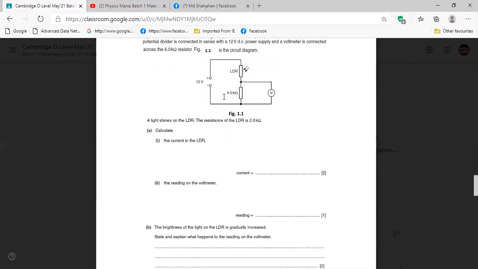So 6 kilo means 6 into 10 to the power 3. And that one you got 1.5 into 10 to the power minus 3, isn't it? Yes. So 10 to the power minus 3 and 10 to the power 3 will cancel. Is it clear? Yes, sir.